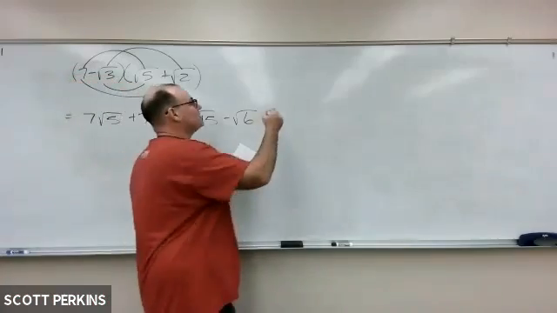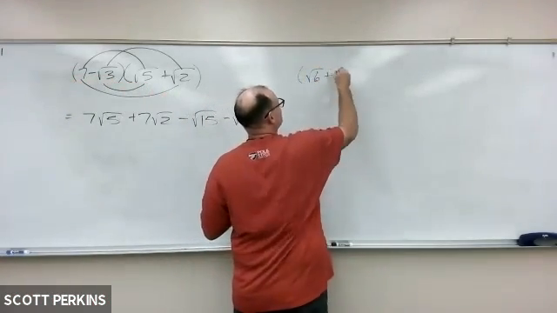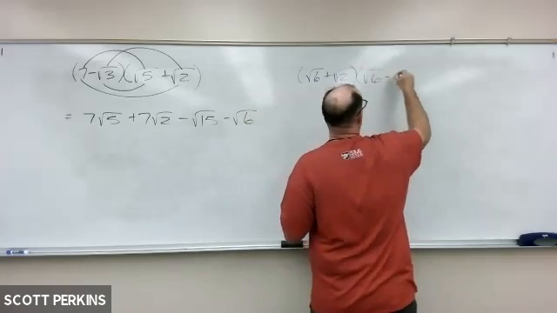Try this one, see how you do. I've got the square root of 6 plus the square root of 2 times the square root of 6 minus the square root of 2.